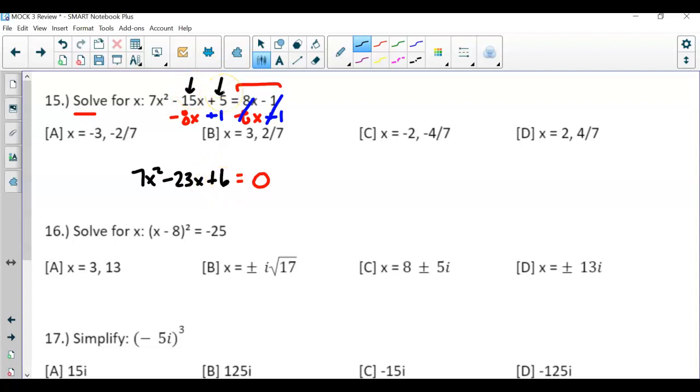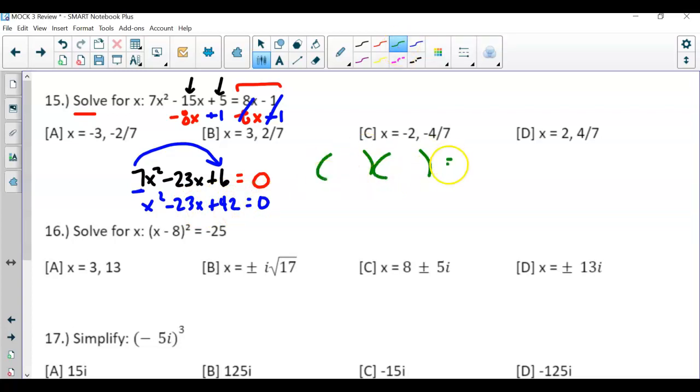Now we can solve, but I cannot do the table yet because of my 7 here, that leading coefficient. No GCF, so I'm going to go right into bottoms up, where now I've got x squared minus 23x plus 42 is equal to 0. Now we can factor. What numbers multiply to get you 42 and add to get you negative 23? Negative 21 and negative 2. But am I done?